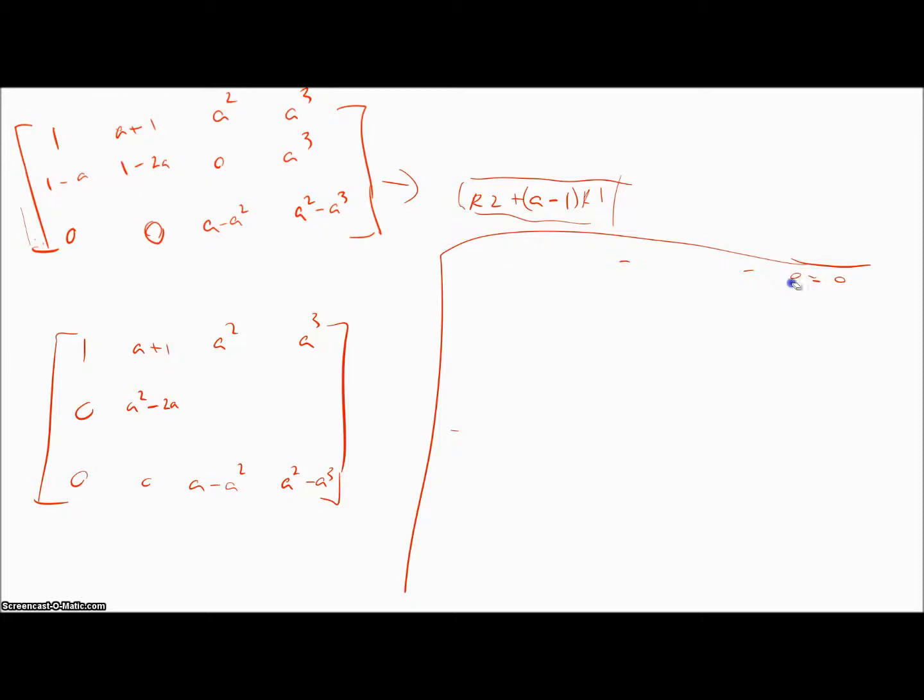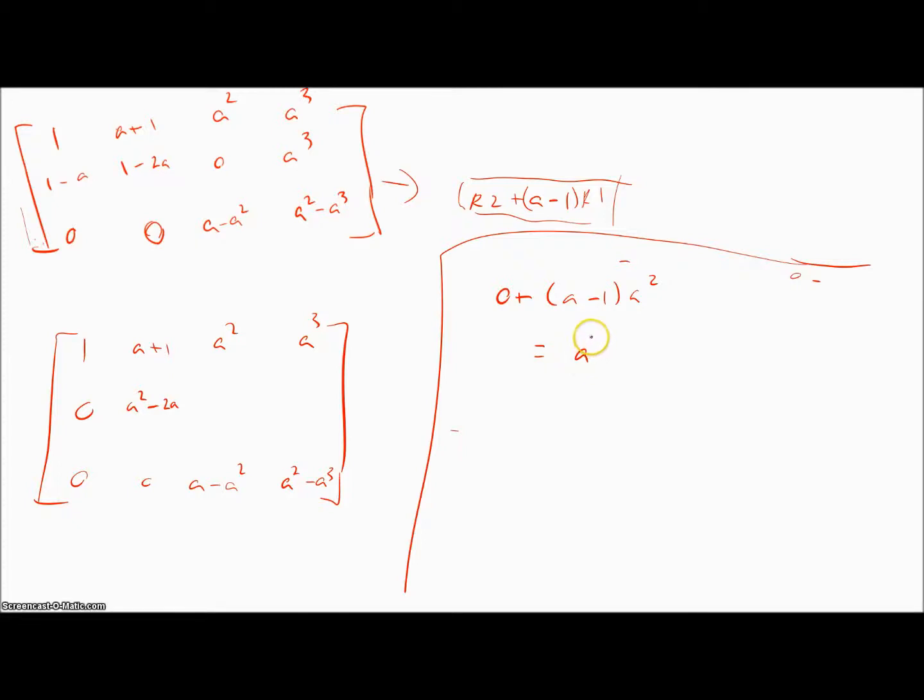This problem is a real process, so let me continue on. This next one I get 0, so that's going to be a little bit easier. 0 plus a minus 1 times a squared. I can drop that 0.